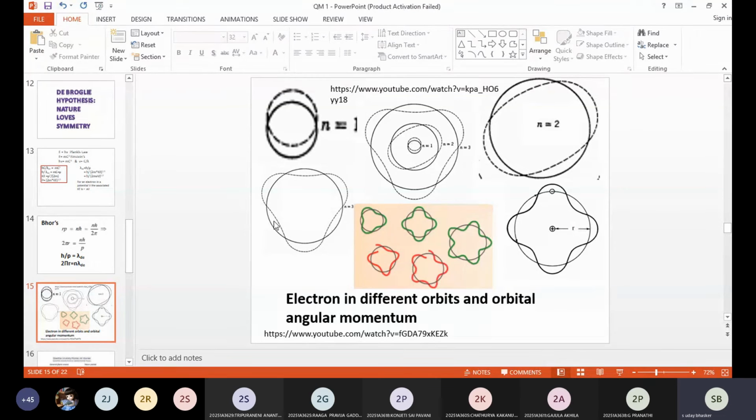What happens if it is not n lambda? Then some destructive overlapping may take place, so the electron may lose energy, which is not possible. These are the three things we have learned till now.